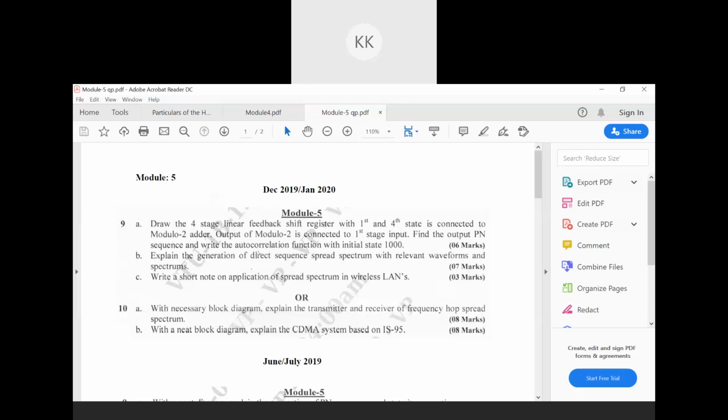First, we need to draw the diagram. Okay, block diagram. Okay, fine, having 4 stages. Then, as it is given in the question, first and fourth stage output should be given to the summer, the modulo 2 adder, and that output should be given to the first stage. Then they have given initial value is 1000, so we need to consider the state of all flip flops as 1000.